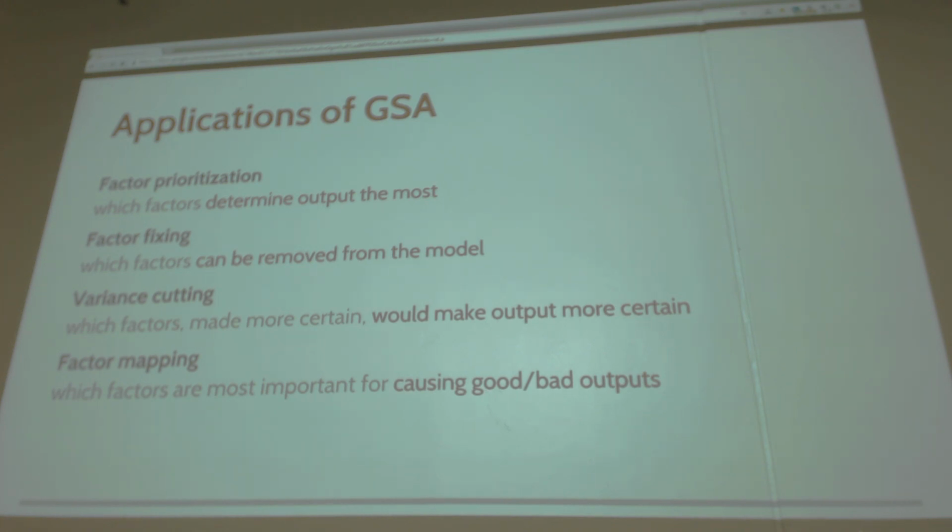This is the setting of risk analysis and variance cutting, the third setting over here. So if you have a model that depends on a lot of uncertain things, and you have to make some trade-offs with respect to which of them you want to measure more certainly, you have to do sensitivity analysis.